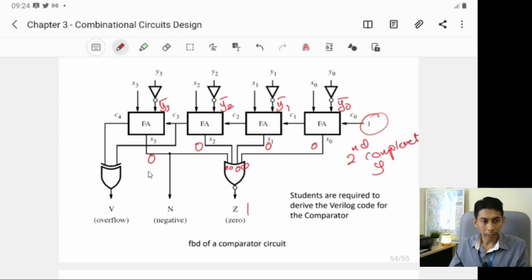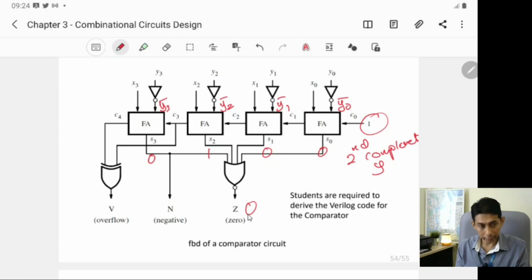Alright, so if we check this and it equals 0, yes, maybe x is more than y, but we need to check this also. If this equals 1, it means that yes, x equals y. But if z equals 0, it means that you have the result here, and either one here should not equal 0.